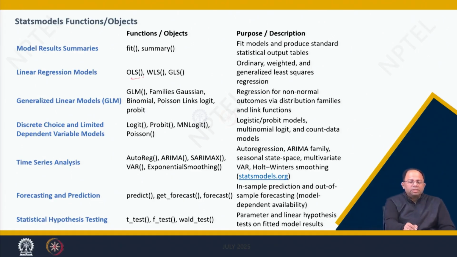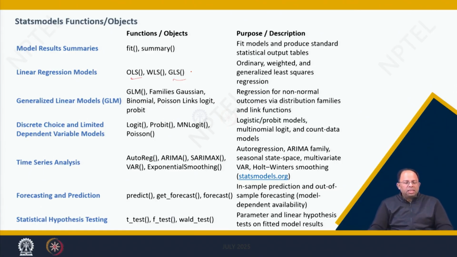Then we have ordinary least squares, weighted least squares, and generalized least squares regression that could be done by calling these functions. Then there are GLM models, Gaussian, and different regressions for non-normal outcomes via distribution families and link functions. So we can also look into non-normal distributions and fit them to the data as well.